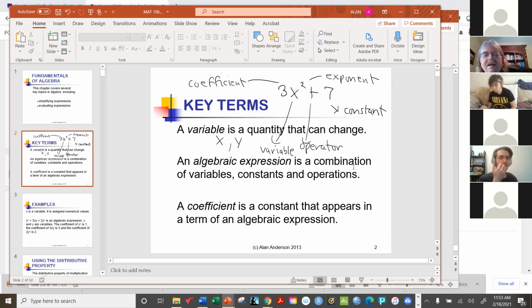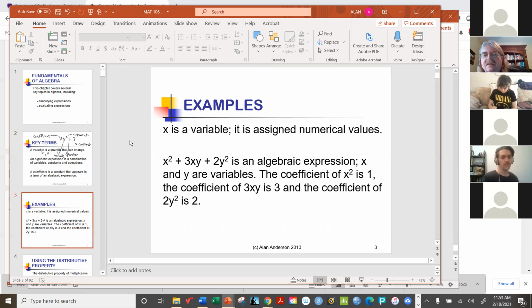All right, now let's look at some other examples. Okay, how about this one? And you can see, by the way, this is a good point to remember that when you have something like this, there's an implied coefficient of 1 here.